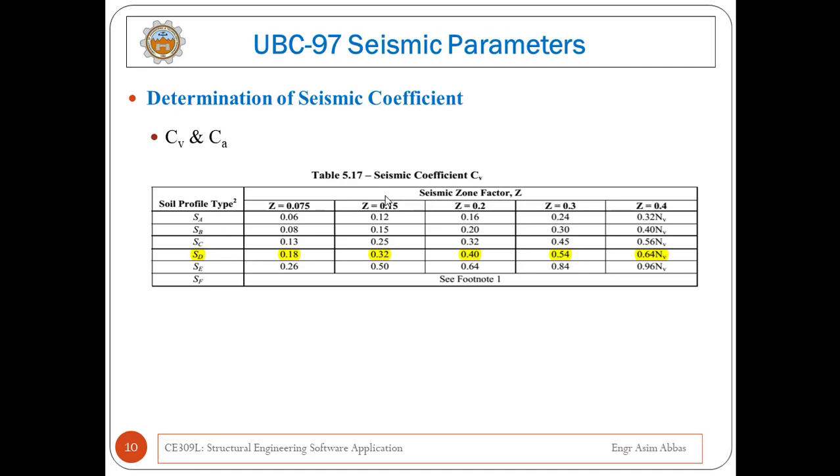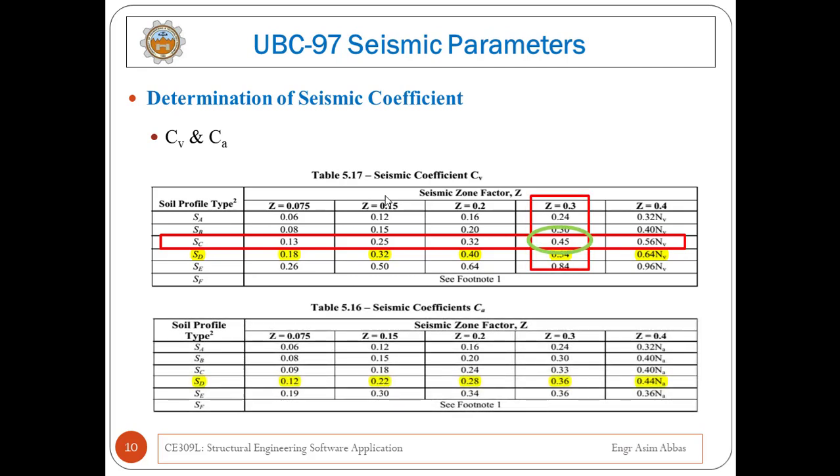If you want to determine the CV value for soil type SC and seismic zone 3, the value of CV will be 0.45. Similarly for CA, for soil type SC and seismic zone 3, the value will be 0.33.